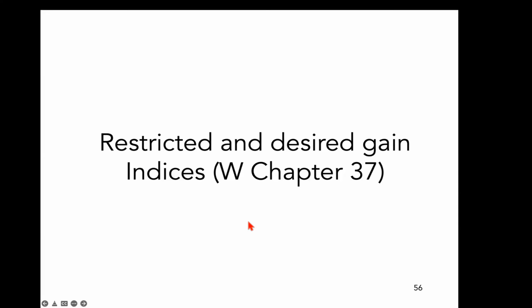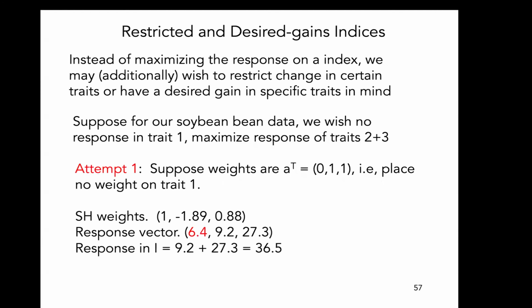So restricted and desired gains indices are where you try to manipulate how certain specific components change. In particular, two scenarios: you don't want a couple of traits to change at all and you want to maximize the response in the others, or you want to specify the exact proportions in which traits change. When you do either of those, the net result for that improved control is less total response.